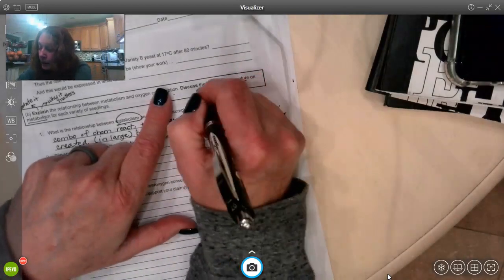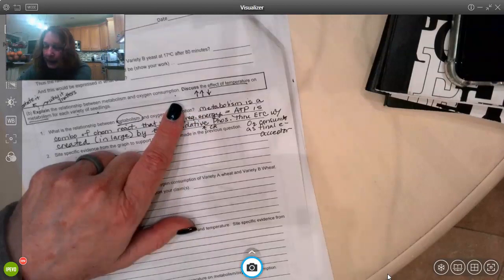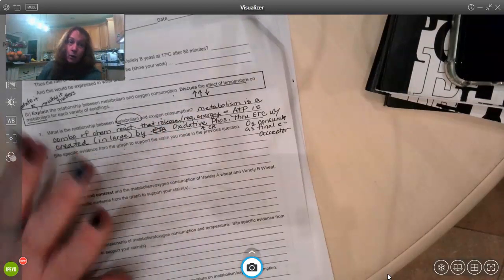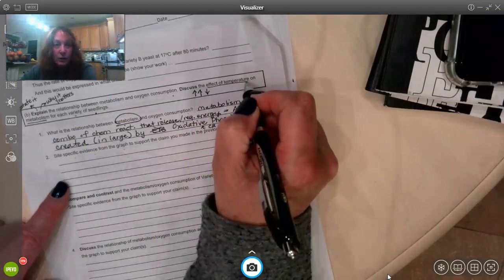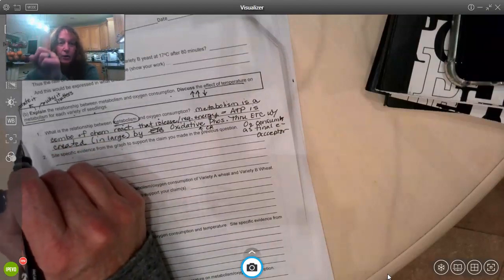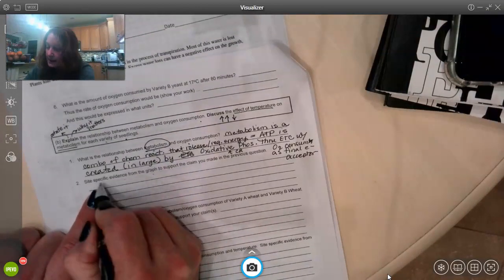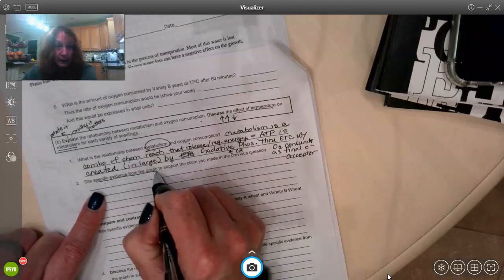So right through here, this is where they want this kind of thing. They're wanting you to state as temperature increases, metabolism as measured by oxygen consumption, whatever. So let's look at that. Let's see what we can say. Cite specific evidence from the graph. Don't just talk out of your head. They gave you a graph.